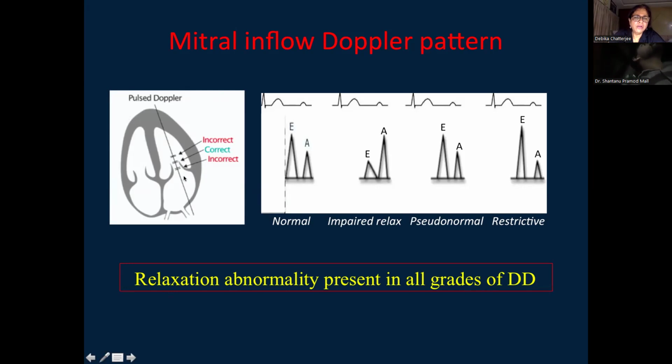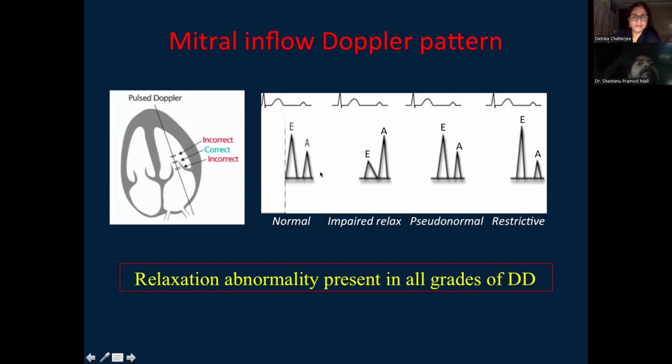You will get wrong information. We keep the sample volume at the level of the tip of the mitral valve leaflets in their open condition. Now, as we do the pulsed wave Doppler, as I have already described while talking about diastole, we get an E wave and an A wave where E is more than A.